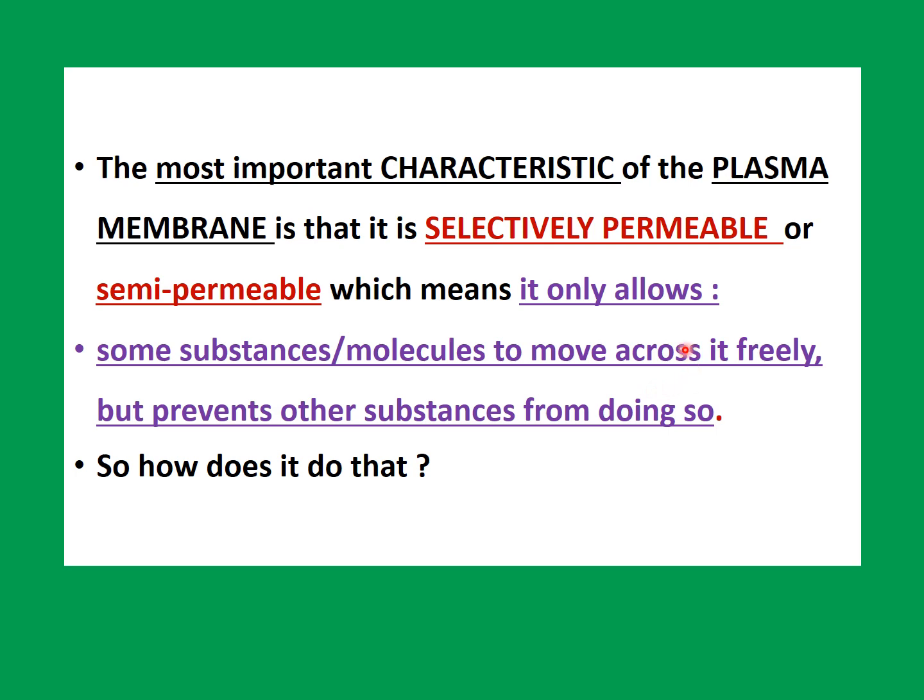It will allow the smaller molecules or substances to move across it freely, but the bigger ones are prevented from going through. So how does it do that? Let's find out.